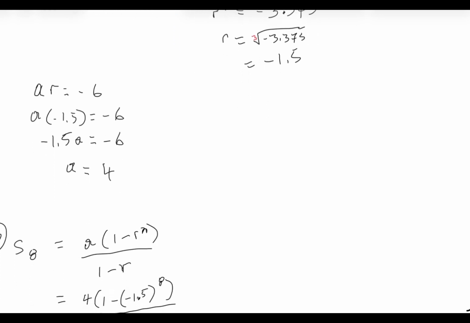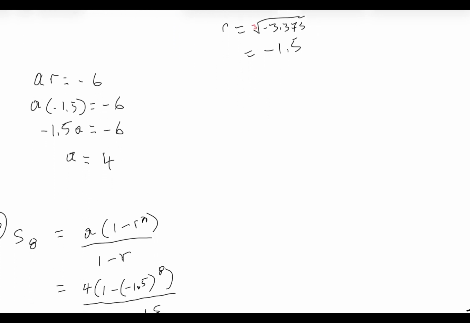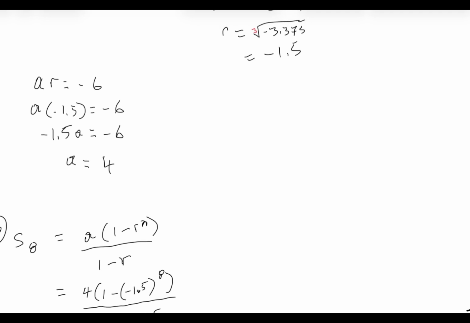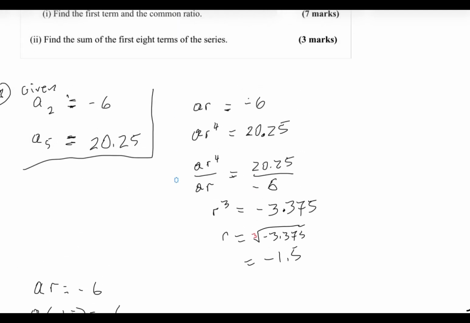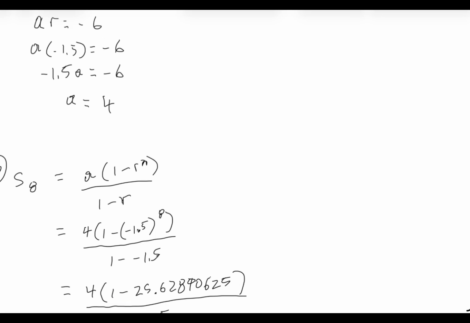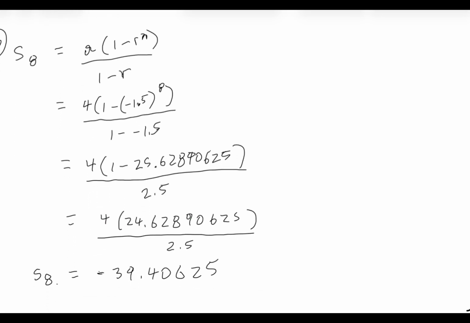For the next part, part 2, we're asked to find the sum. So S sub 8, the sum of the first 8 terms, is going to be equal to a times 1 minus r raised to the n over 1 minus r, and we use that formula because our r is negative.